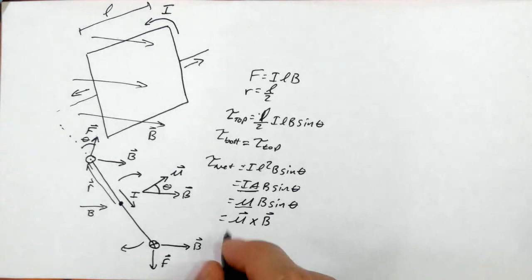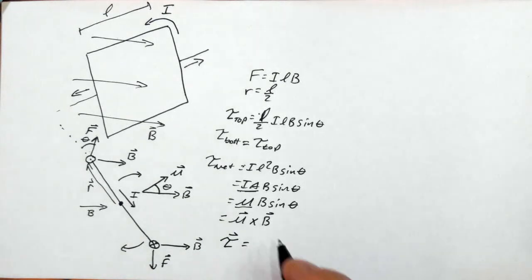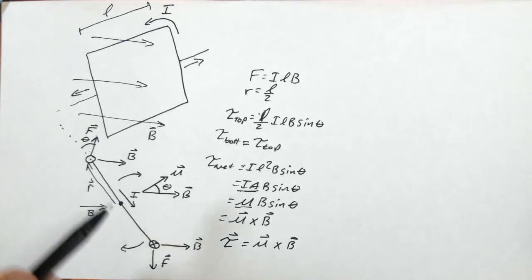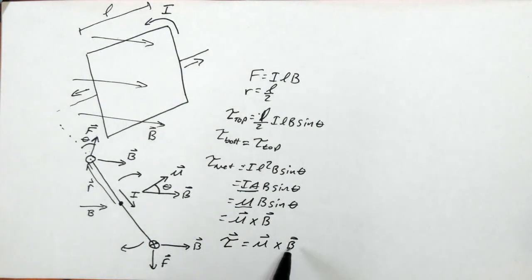So now we have a way of talking about the torque on a dipole as a full vector in a very simple way. First, find its dipole moment, either molecularly or find its current times its area, and then find out the magnitude of the magnetic field, and then find the angle that they make with each other.